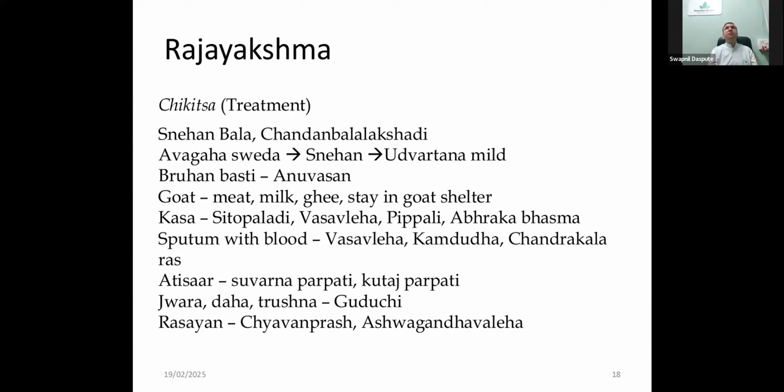However, because of the cost factor, if the patient can afford it, then we can administer it. When it is needed and the patient can afford it, we do use Hirak Bhasma also. There is a limitation to using it because of its cost, nothing else. But it is very good.